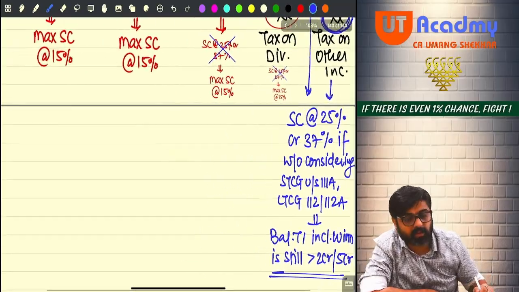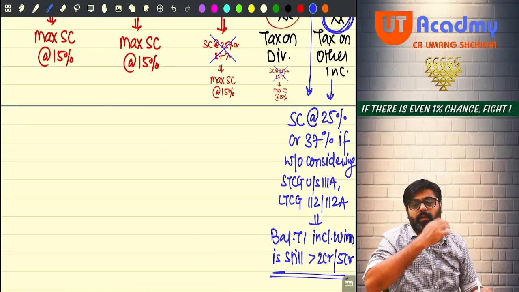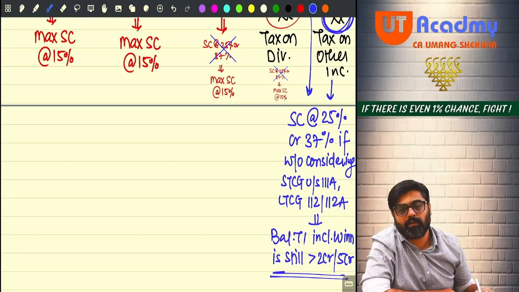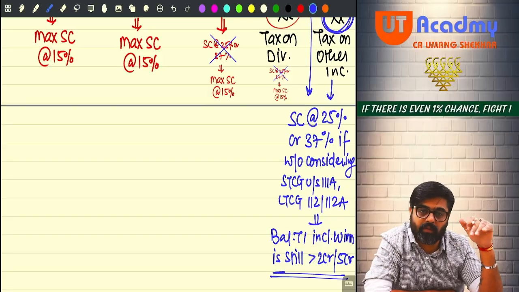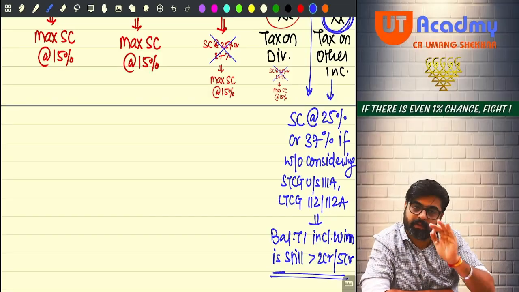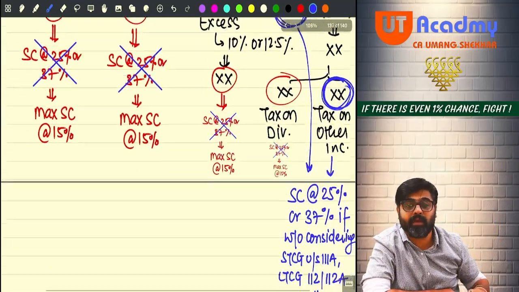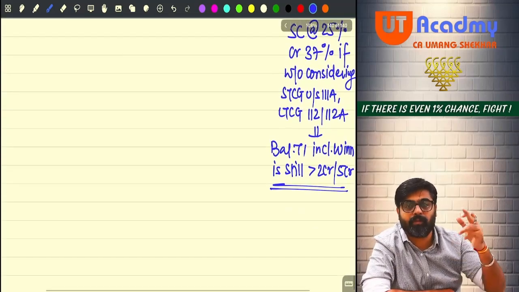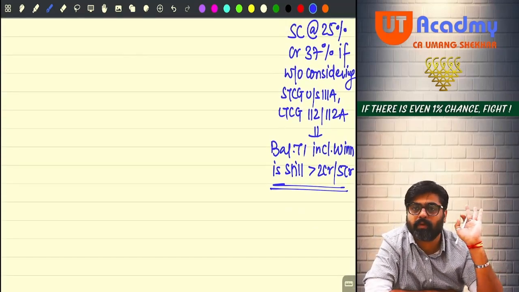So if your balance total income including winnings is higher than 2 crores or 5 crores after excluding these four incomes, then on the balance total income, whatever tax you have calculated, including winnings income, you are going to pay how much surcharge? 25% or 37%. Got it?